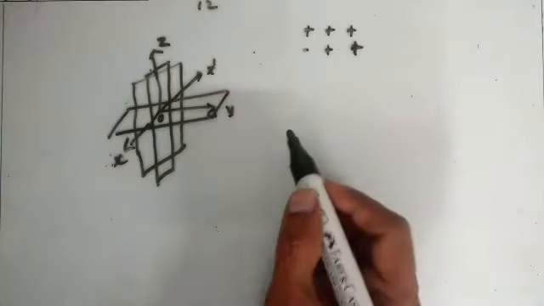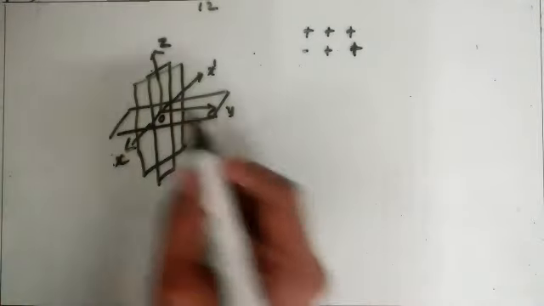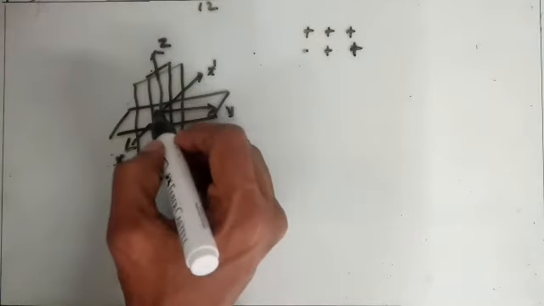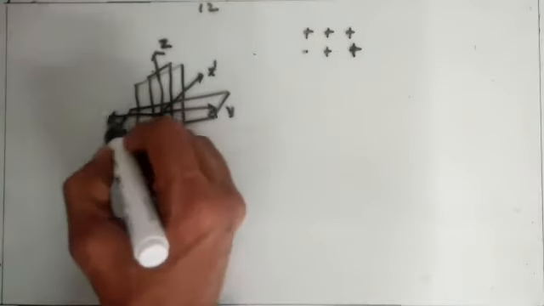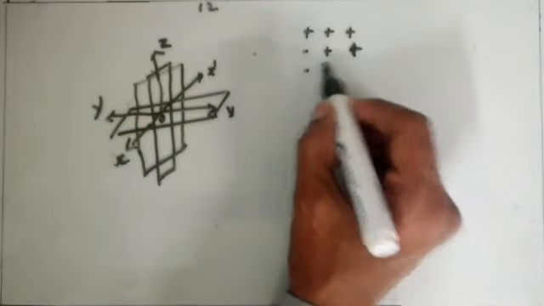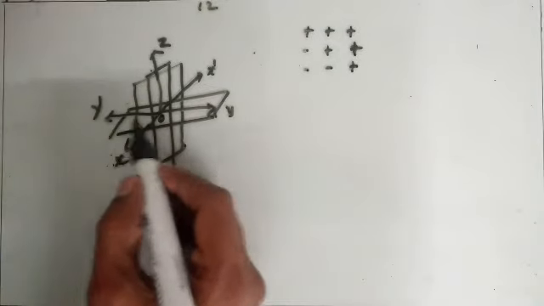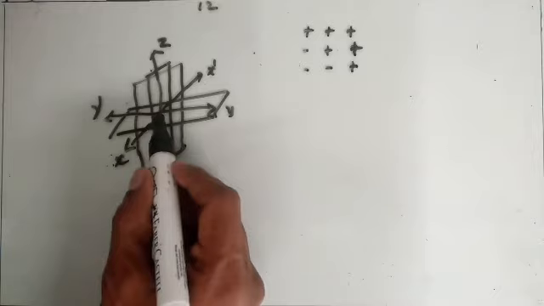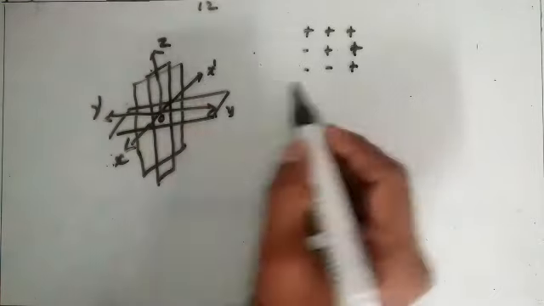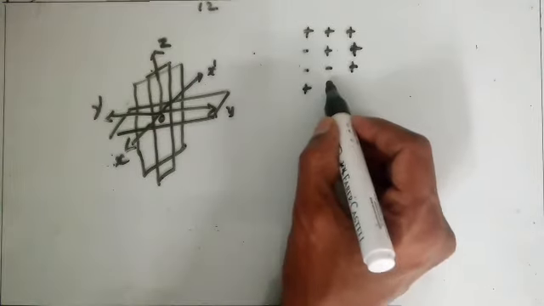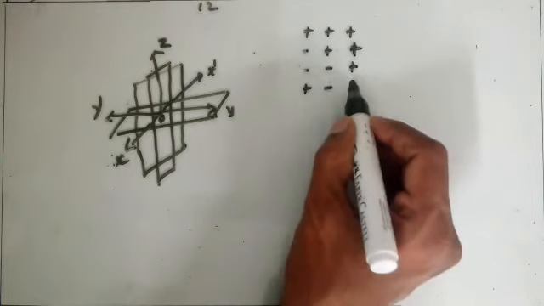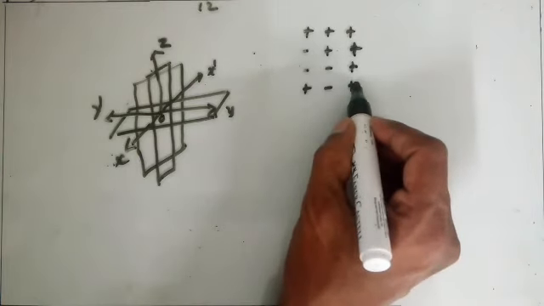Similarly, in the third octant, X dash O, Y dash, Z, X is negative, Y is negative and Z is positive. And in the fourth octant, X, O, Y dash, Z, X is positive, Y is negative and Z is positive.